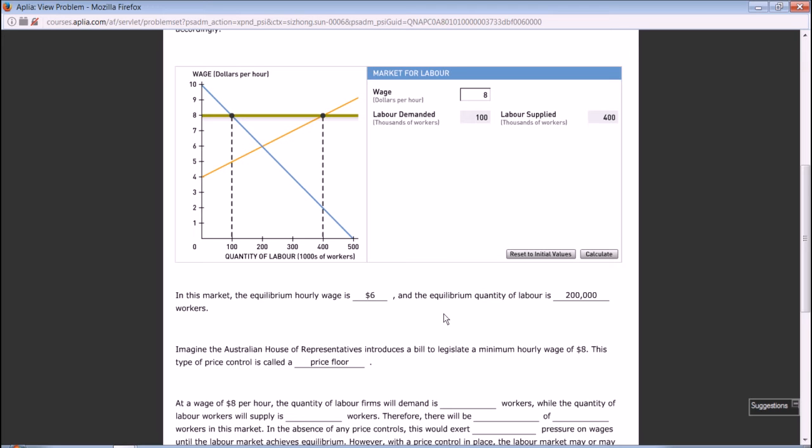At a wage of $8 per hour, the quantity of labor firms will demand: you go from $8 to the demand curve, then read out the quantity demanded, which is 100 workers.